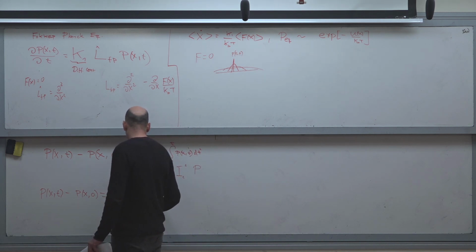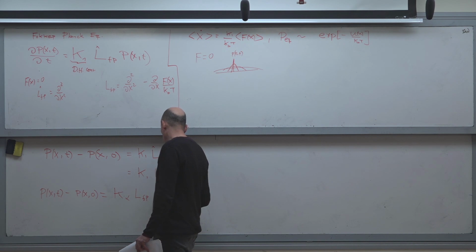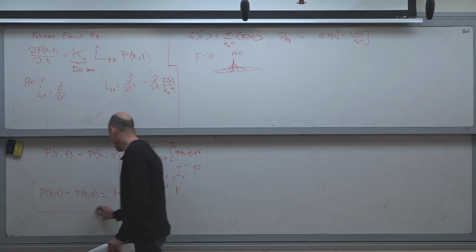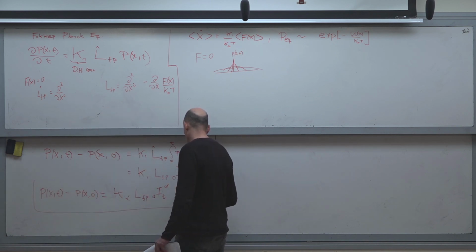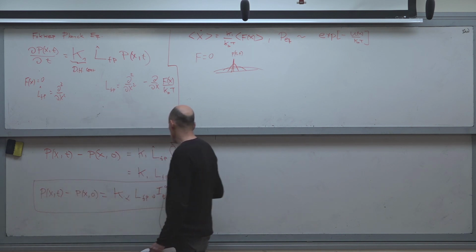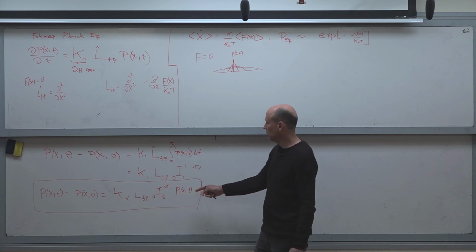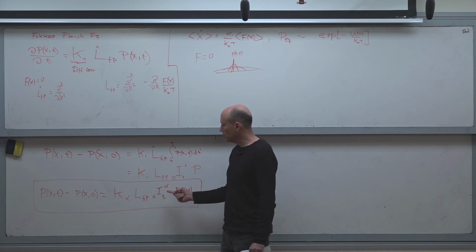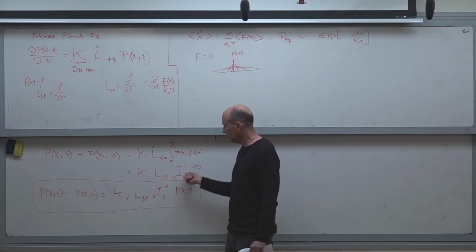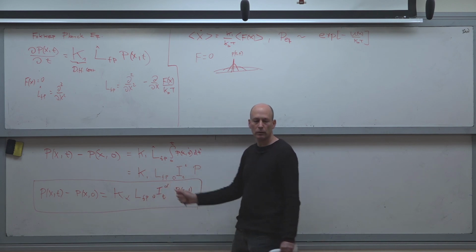Here you have the Fokker-Planck operator, which is the same Fokker-Planck operator, and here I have the integral operator to the power alpha acting on P(x,t). This is the fractional Fokker-Planck equation. Of course, we need to explain what this operator is. But what I did here is take the integral and generalize it to an alpha-order integral.